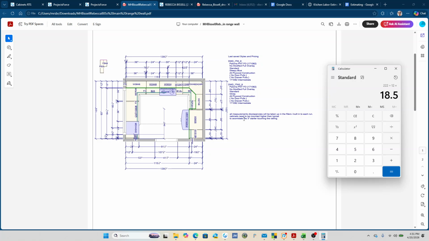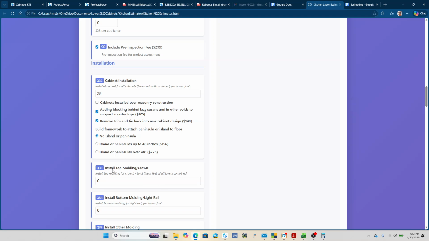Cabinets need to be mounted higher than typical to accommodate the 3-inch crown starter, touching the ceiling. So starter plus crown. We have to multiply that 18.5 feet times 2, because each layer of crown is considered a layer that you get paid on. So it's starter and crown, 18.5 feet each, and it's 37 feet. So go back to our estimator. Install top molding, 37 feet.